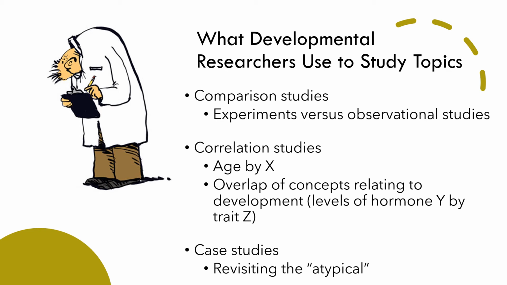One last type of study that's important to mention, because it is a real critical player in the early onset of research on specific topics, are these things called case studies. As I mentioned before, most early theorists in developmental psychology tended to focus their attention on just coming up with a roadmap for how we unfold in our lives. But eventually, developmental psychologists started looking at what we call the atypical individuals, ones who weren't following a traditional trajectory.